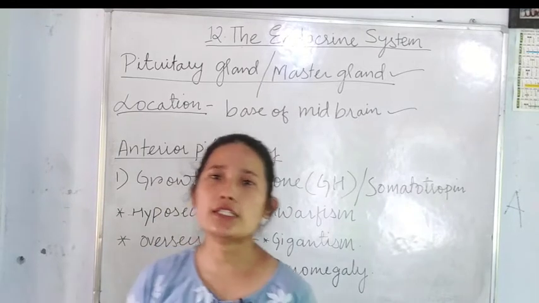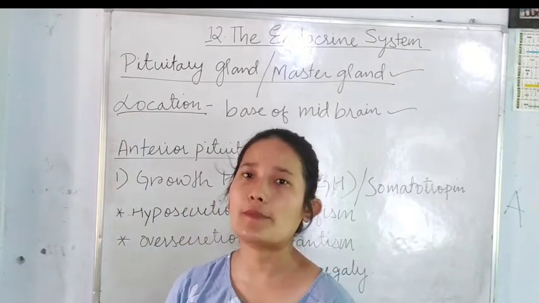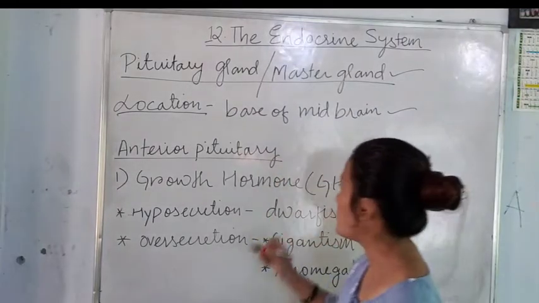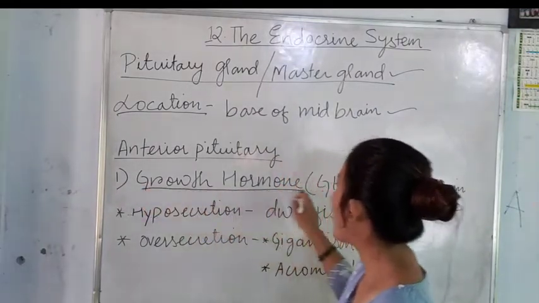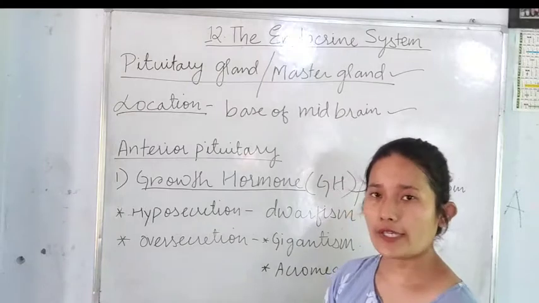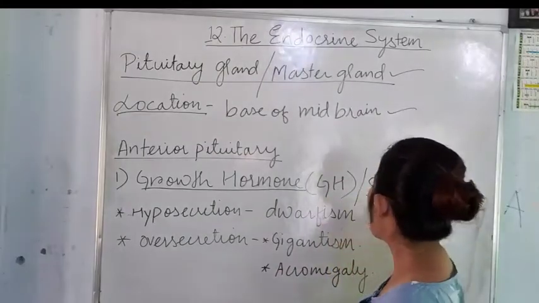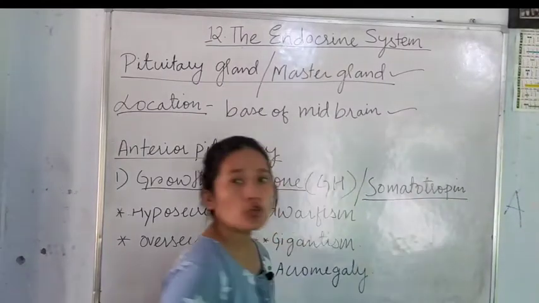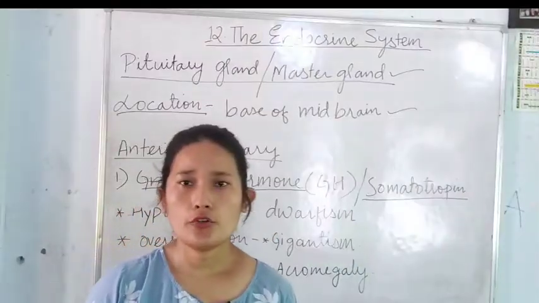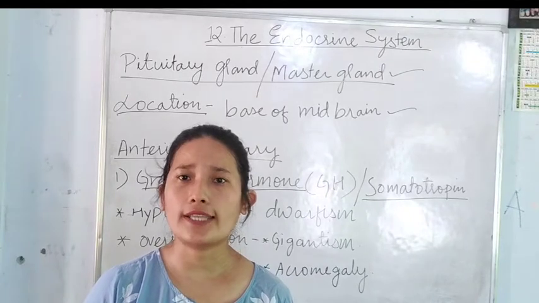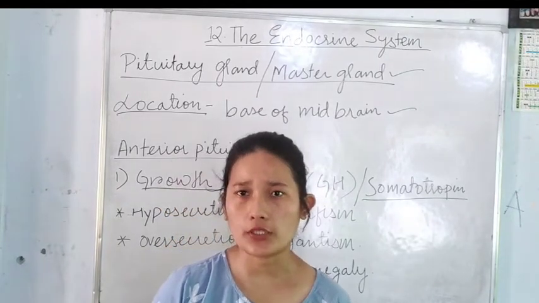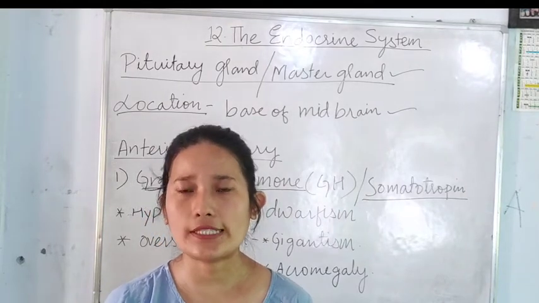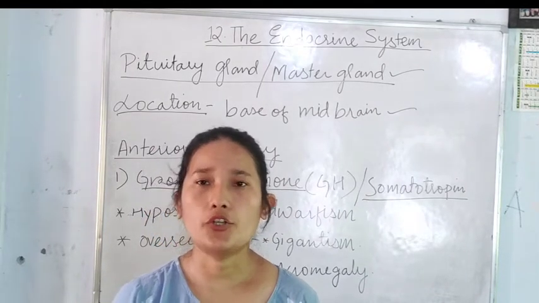Okay, first let us discuss the hormones secreted by the anterior portion of the pituitary gland. The first one would be your growth hormone. Okay, it is abbreviated as GH, and another term for growth hormone is somatotropin. The name itself suggests that it helps in maintaining normal growth in a human being.